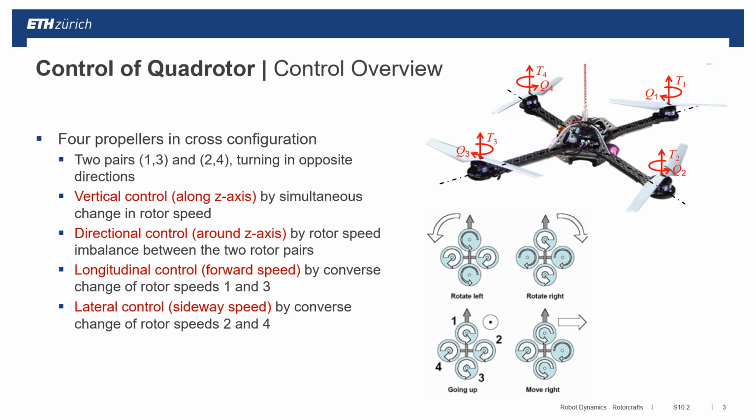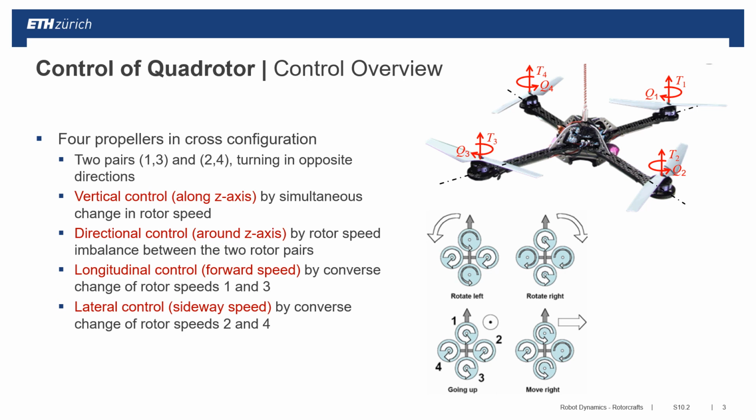First, start with the Z control around the Z axis. It's intuitively obvious that by just changing the sum of all 4 propellers, the whole system will move up or down. Then, of course, we also want to control the rotation around the Z-axis, and this can be realized by an imbalance between the 2 rotor pairs.